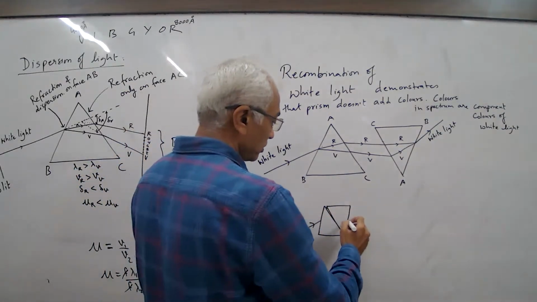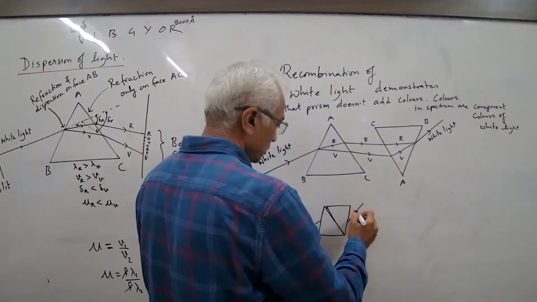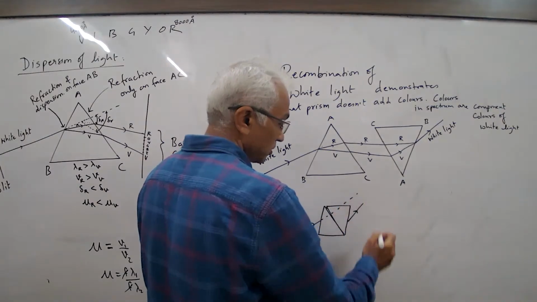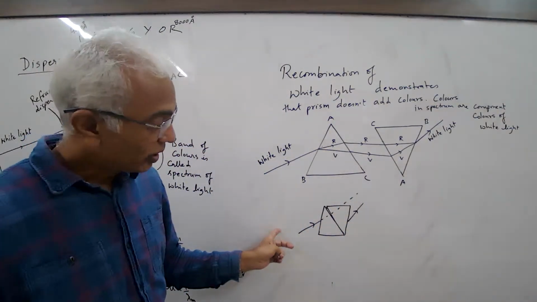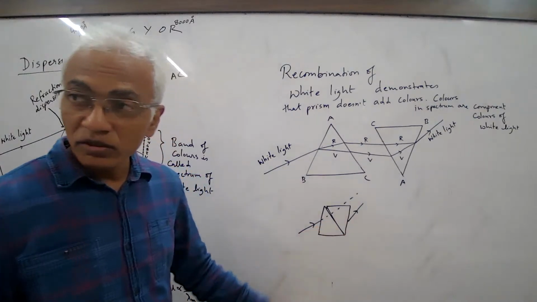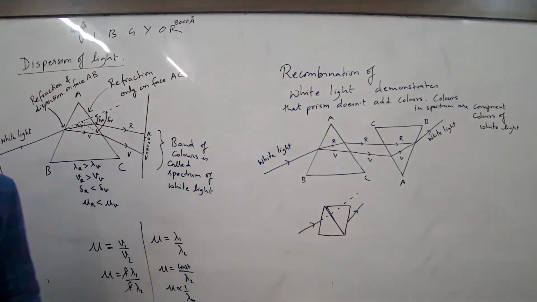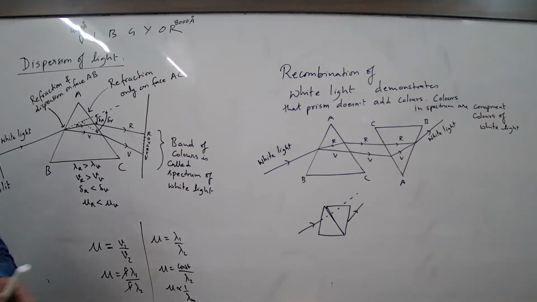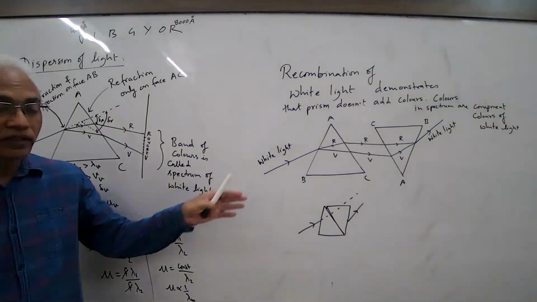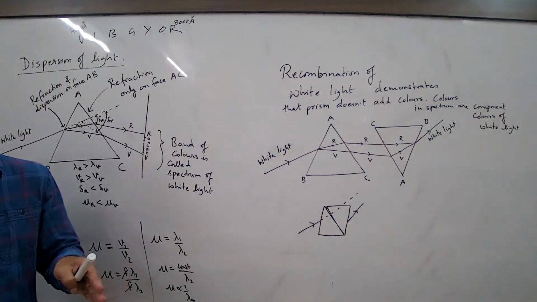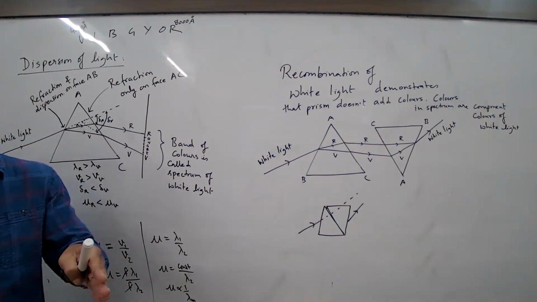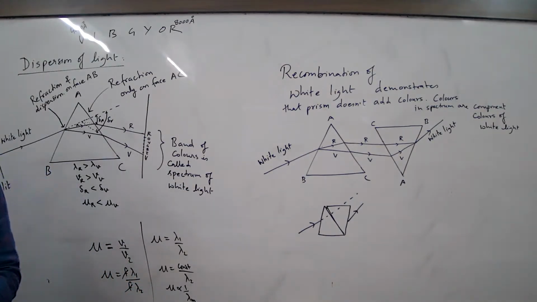So what will happen? It will lateral shift. So in between there is a split. Does that answer your question? There is a splitting because obviously white light will get split, but when it emerges out, it is getting recombined again.